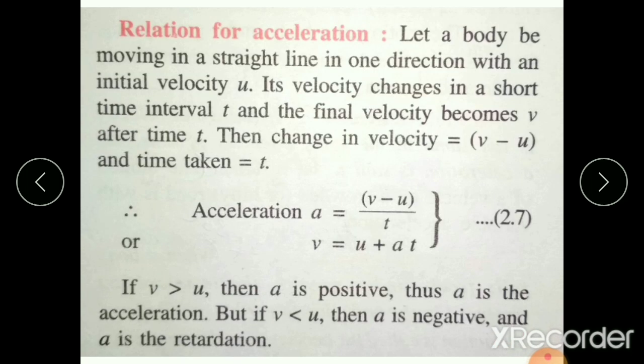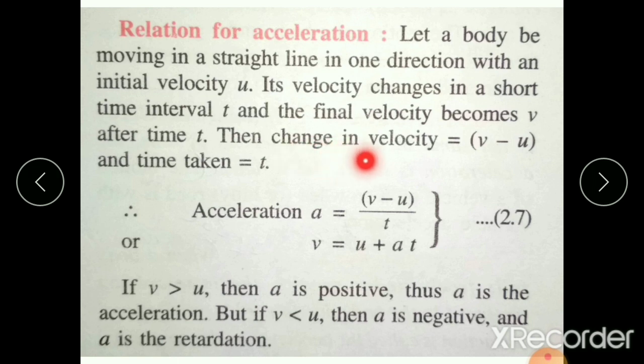Next, the relation for acceleration. Let a body be moving in a straight line in one direction with an initial velocity u. Its velocity changes in a short time interval t, and the final velocity becomes v after time t. So what is given? Initial velocity u, final velocity v, and the time taken t.